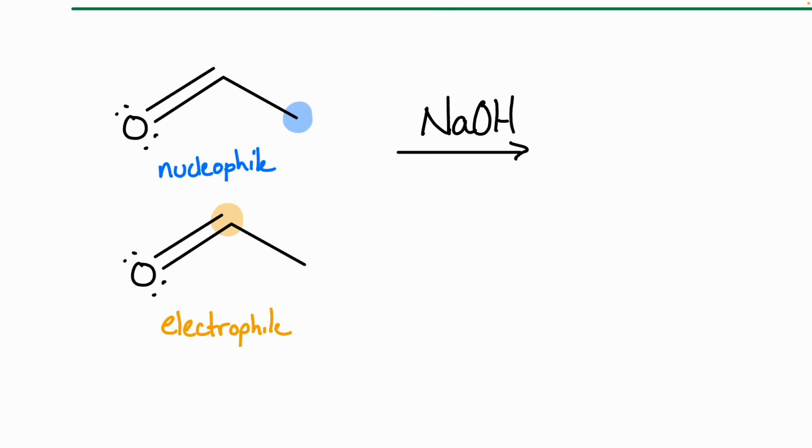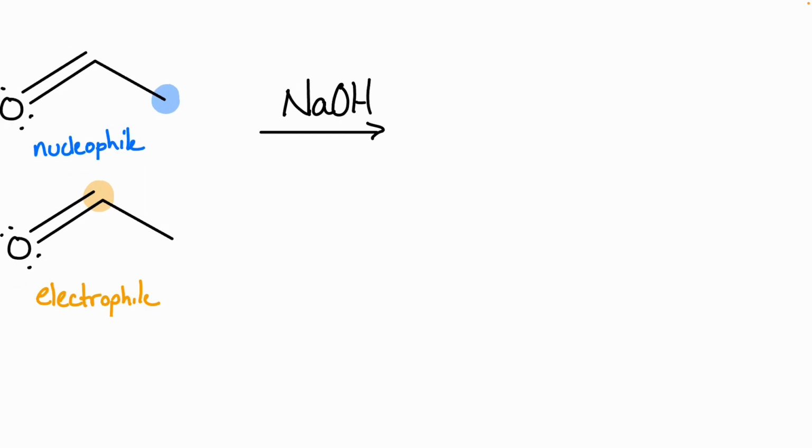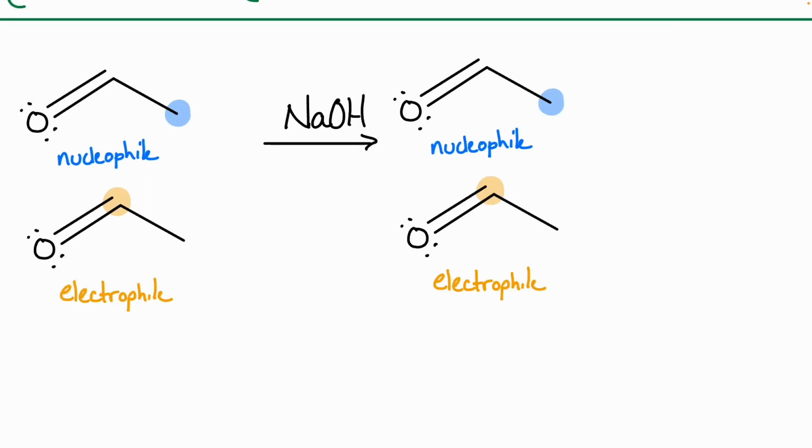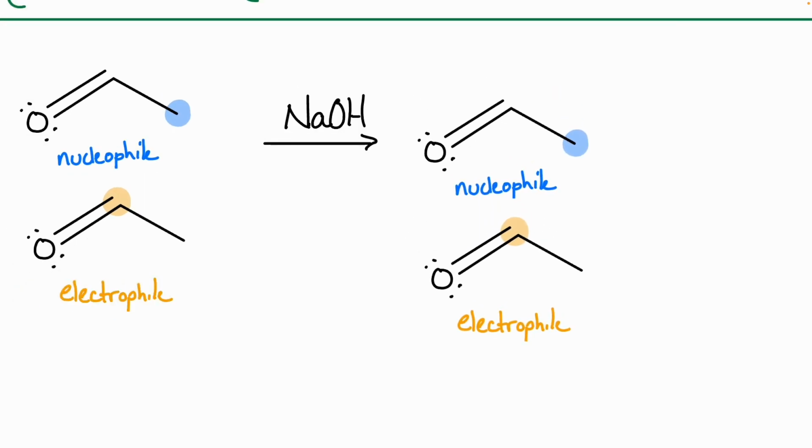Okay? So in this reaction, the first step is going to be to deprotonate that alpha carbon, right? So now my nucleophilic carbon has that net negative charge, and it's ready to go ahead and react with that electrophilic carbon. Okay, so my nucleophile is going to attack my electrophile.